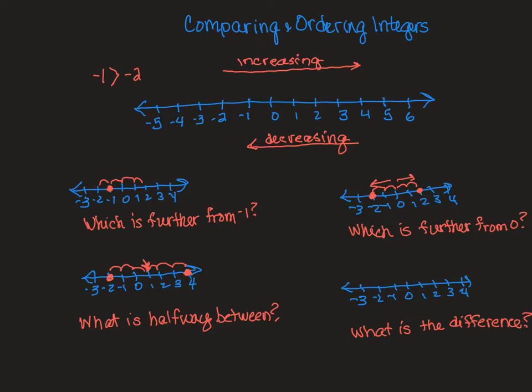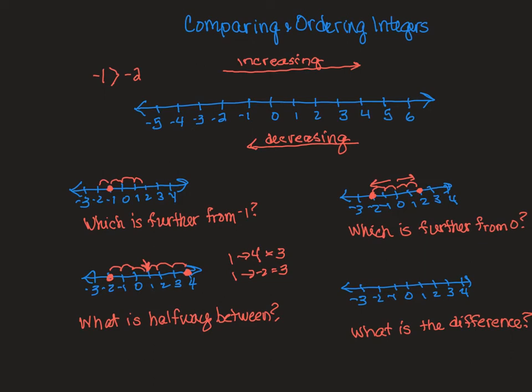That's another way to use the number line to find an amount. If I was going to do this just with numbers, I would say, well, 1 to 4 is 3, and 1 to -2 is 3. So I can do it that way.